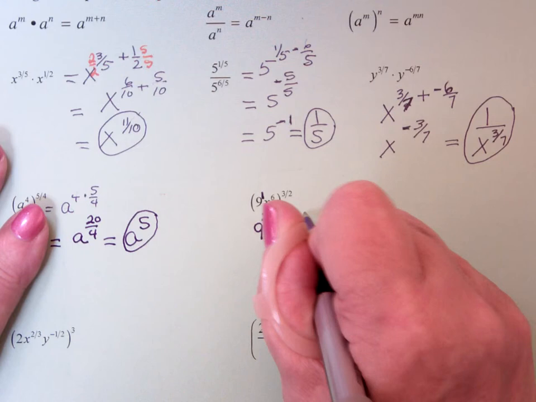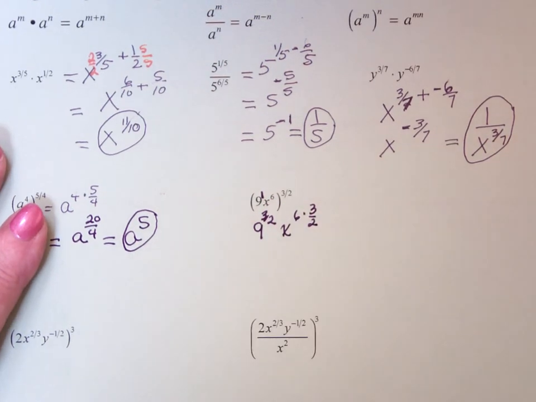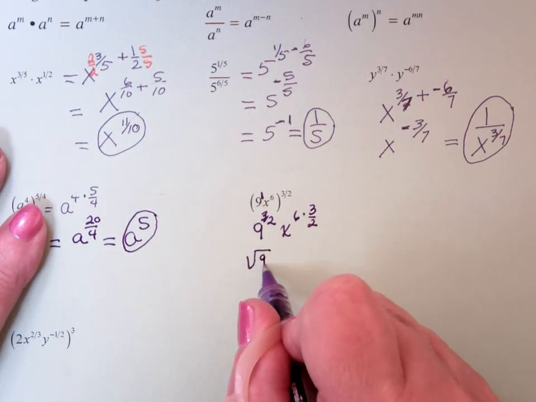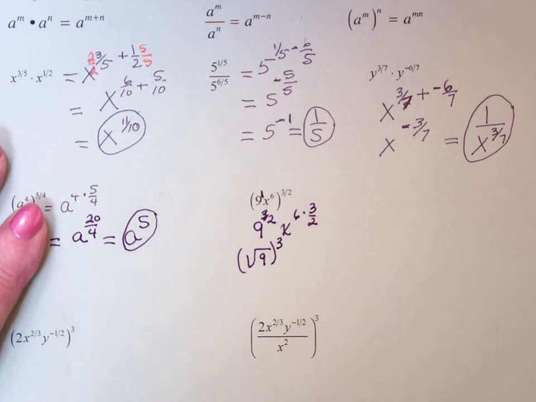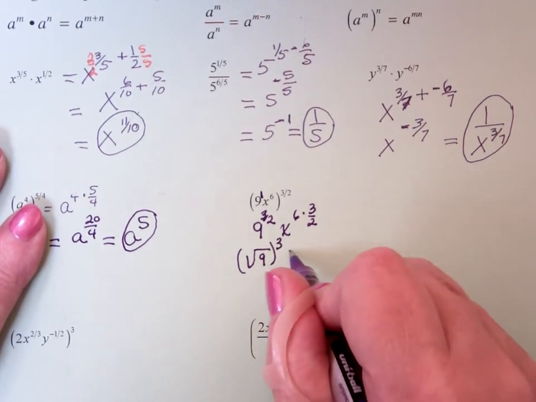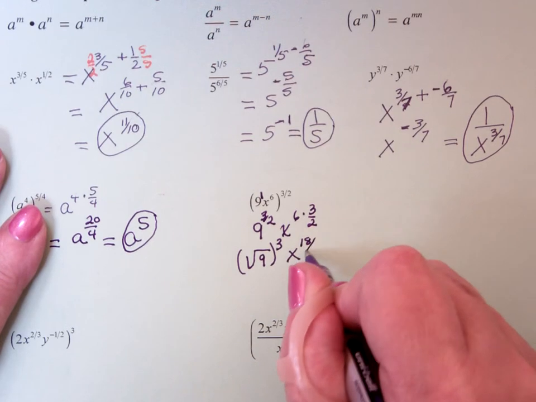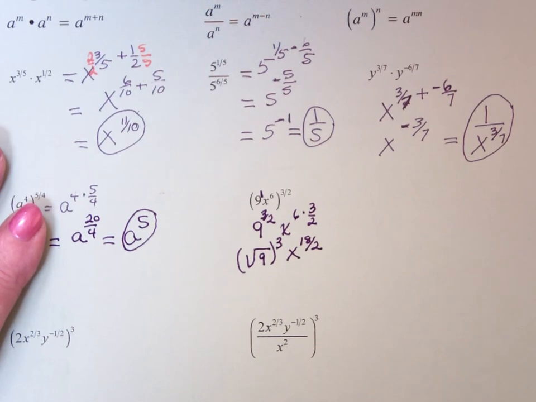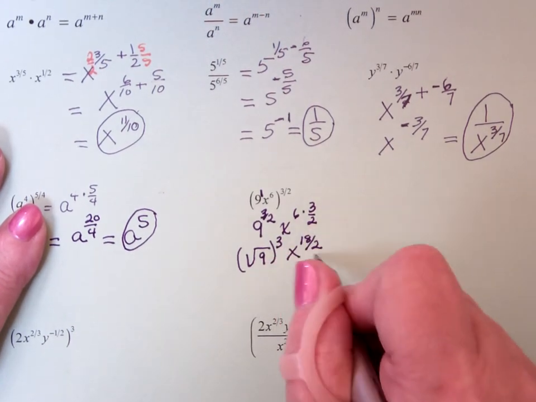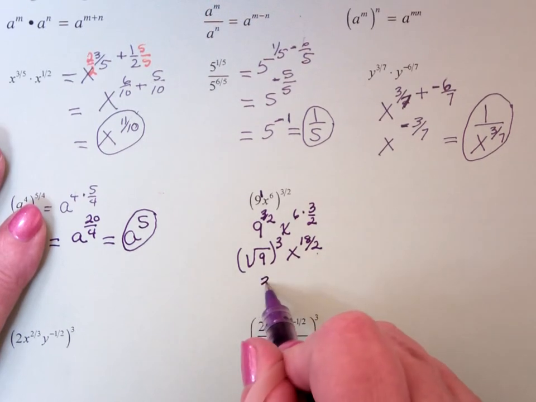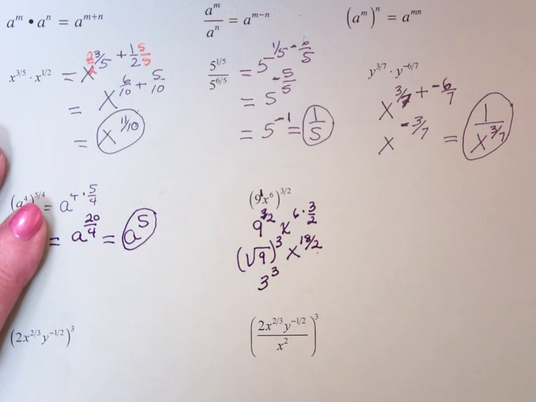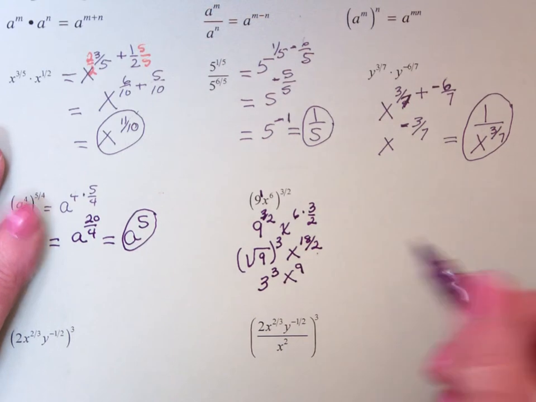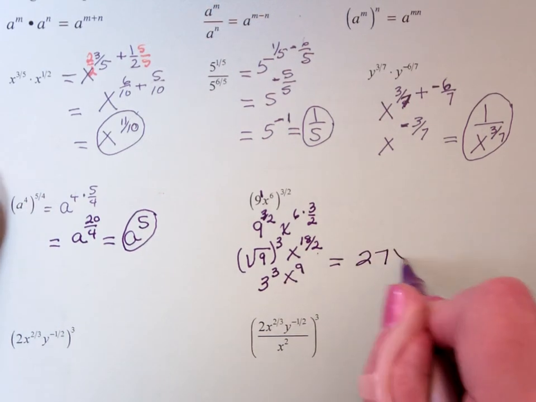X to the 6 times 3/2. 9 to the 3/2 is the square root of 9 cubed. X to the 18 halves. And yes, you could reduce the fraction here instead of doing what I did. The square root of 9 is 3, cubed. 18 halves is x to the 9th, which turns into 27 x to the 9th.